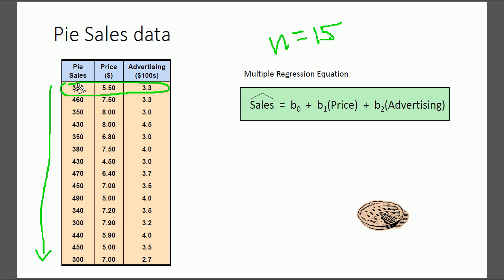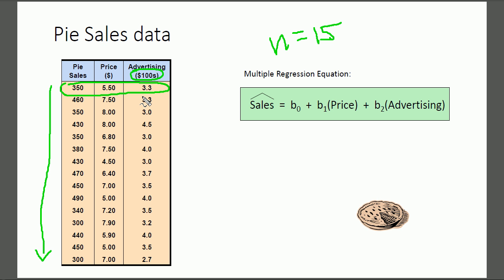So for the first week here in the data set, not that that's the first week in order, we sold 350 pies. We charged $5.50 for the pies that week, and we spent $330 in advertisement. 3.3 because it's in hundreds, $330.